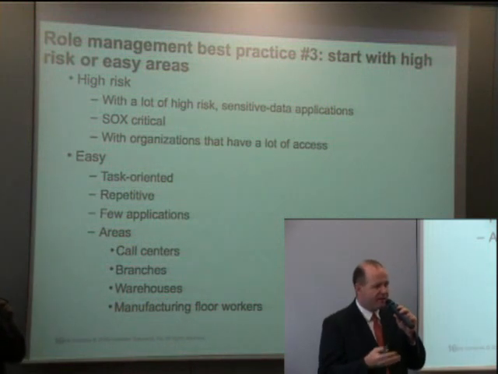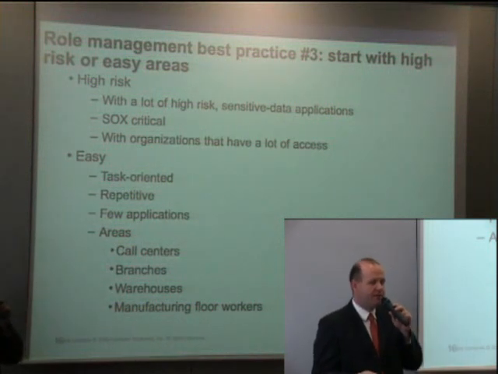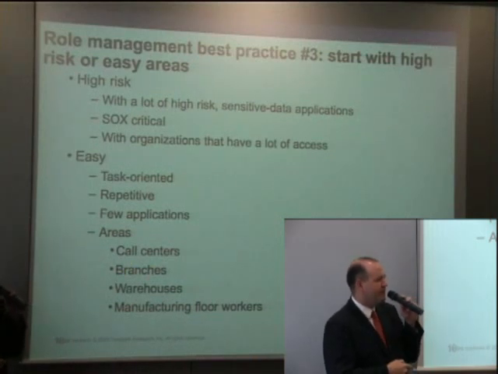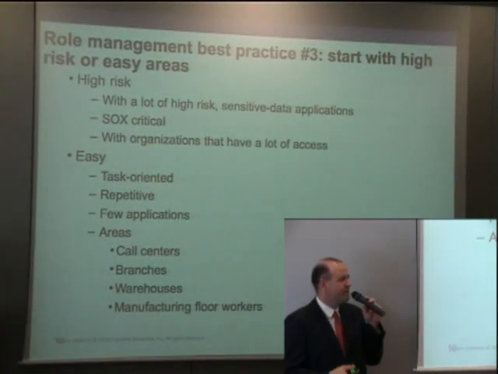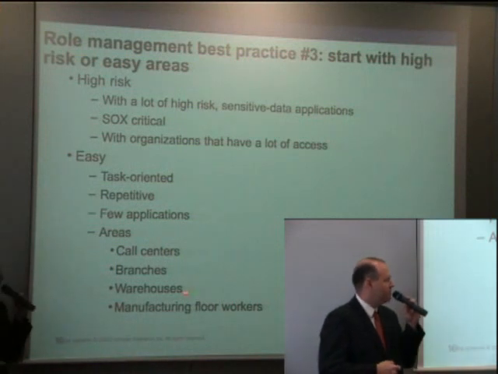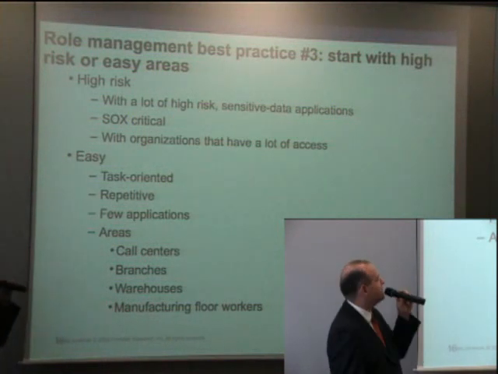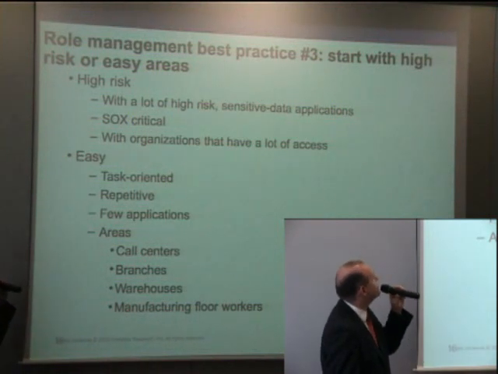And you can really quickly capture what people need to have access to there. So again, call centers, branch operations for retail banking or retail are ideal places, warehouses, manufacturing floor workers, and I'm sure you can come up with your own organizations and pieces of organization there.